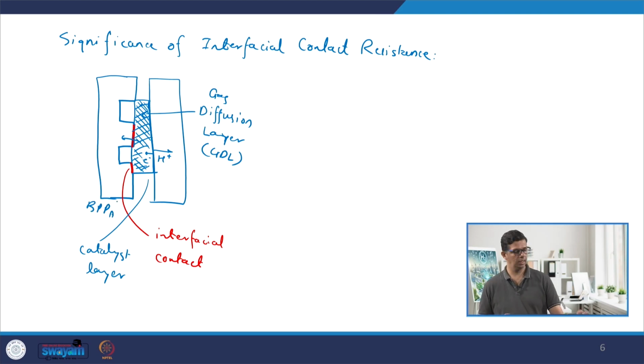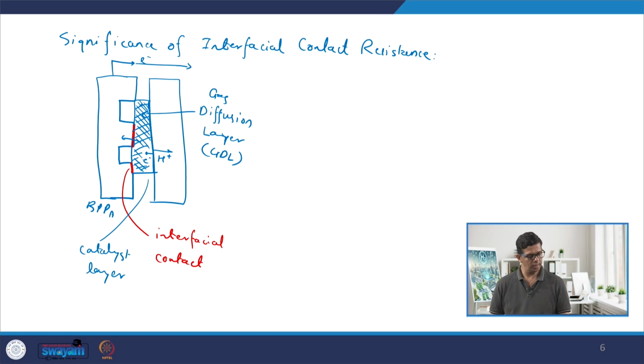Once they reach the bipolar plate, they can be taken out in the external circuit and then to the cathodic side. Or we can also have a current collector at the end of the bipolar plate, which can again facilitate this electron transfer in the external circuit.